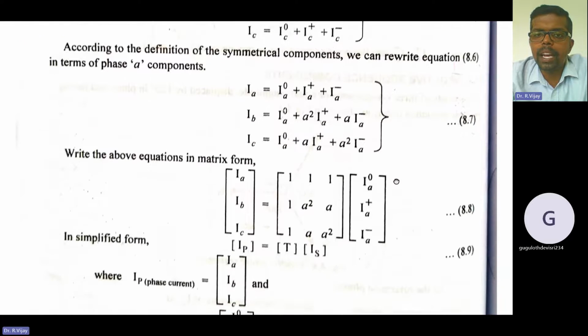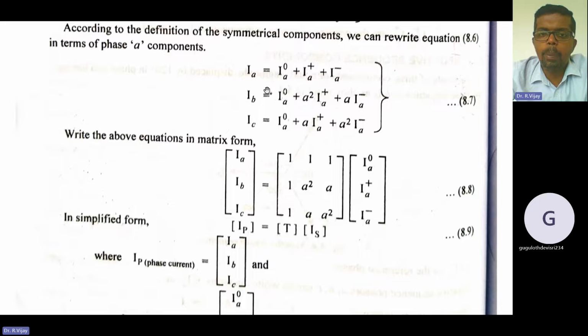So we are rewriting the above equations in matrix format. Here IA, IB, IC, the phase components of the current, equal to the matrix where we take the common terms IA naught, IA plus, and IA minus outside.